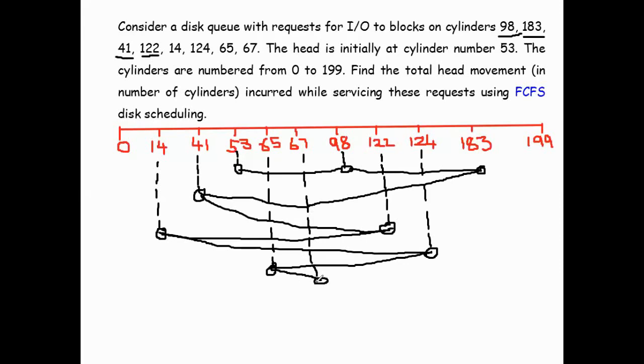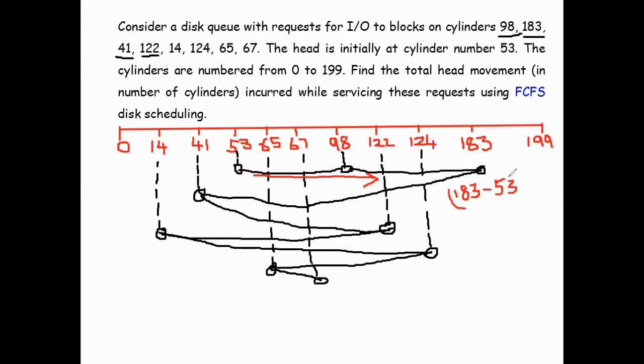To find the total number of head movements in every direction, find the difference between highest value minus lowest value, and add all the resultant values in every direction. For example, if we take this direction, the highest value is 183 and the lowest value is 53.